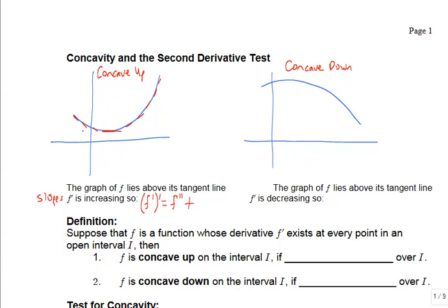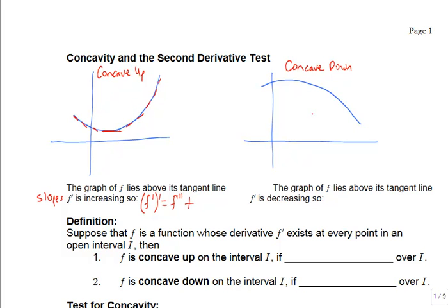So concave up happens when we have a second derivative that is positive. What you'll also notice from this graph is that all of these tangent lines that I drew lie below the actual curve itself. So the graph of the function lies above its tangent line.